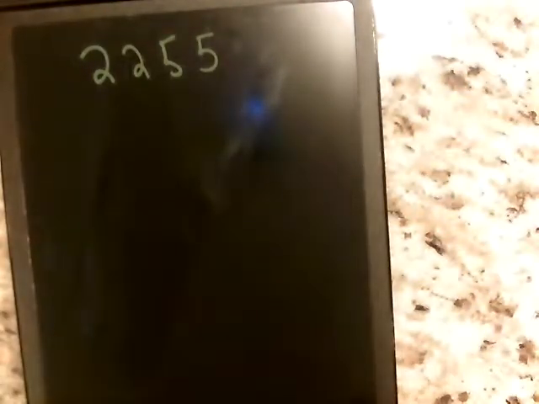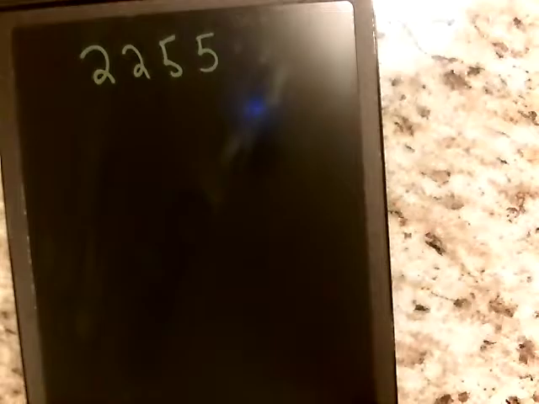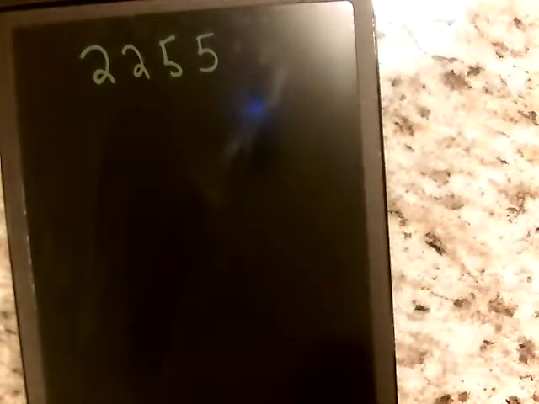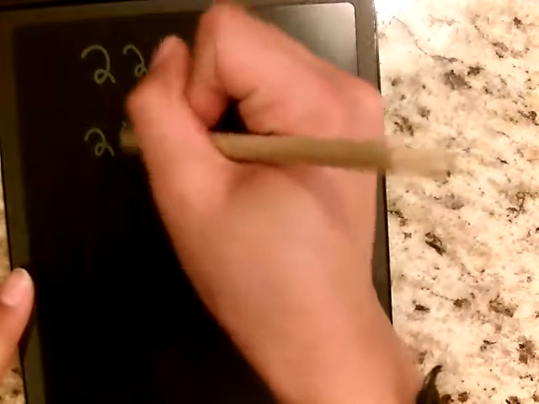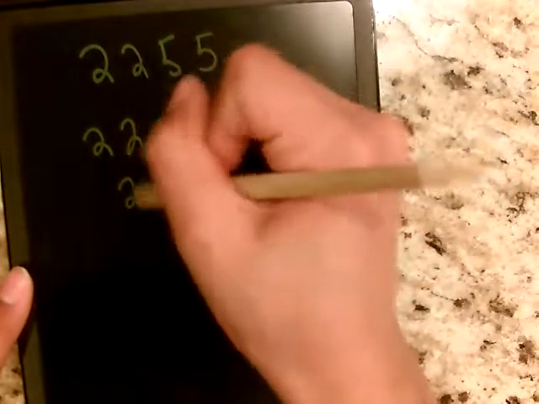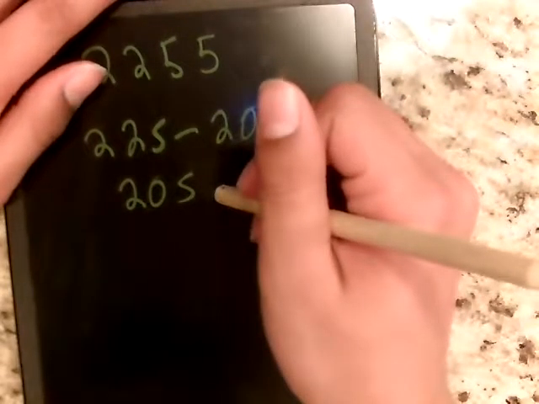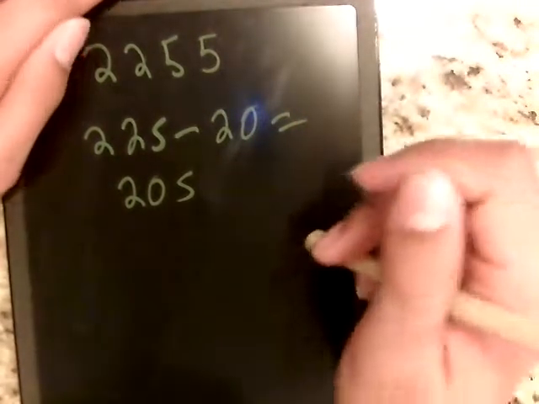What you do is multiply the last digit by 4, and then you subtract. So that's 225 minus 20 equals 205. And I actually know for a fact that's divisible because it's 41 times 5, so that works.